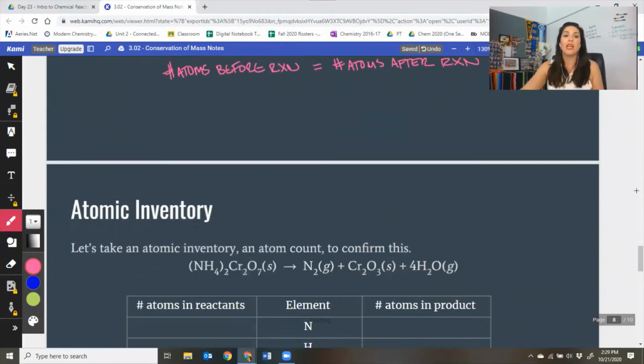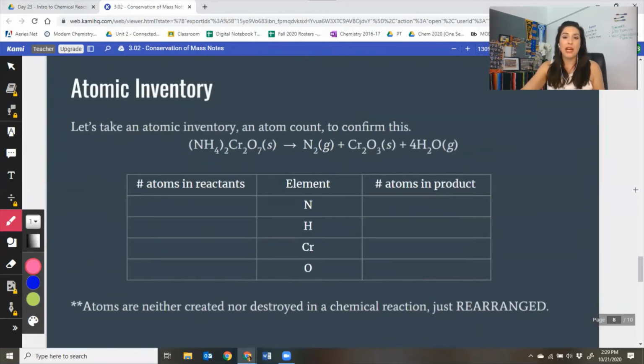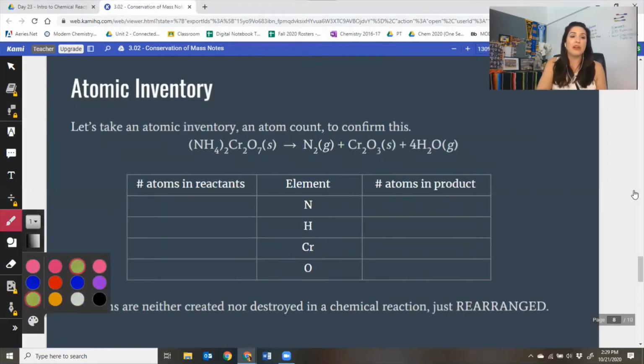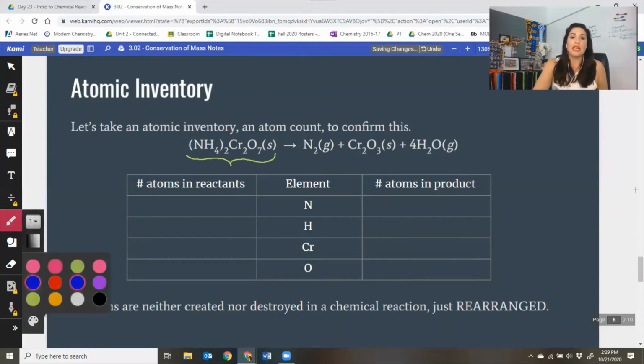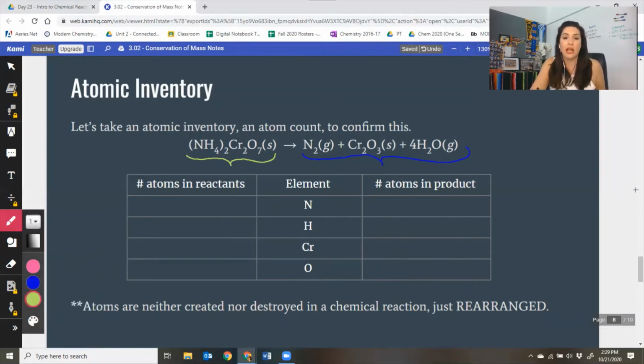So let's do that. Here is that same reaction we've been working with today. We are going to take account of the atoms in the reactant side and the atoms in the product side over here. Okay, so I've broken down each different element that appears in this formula. So let's start with nitrogen here.